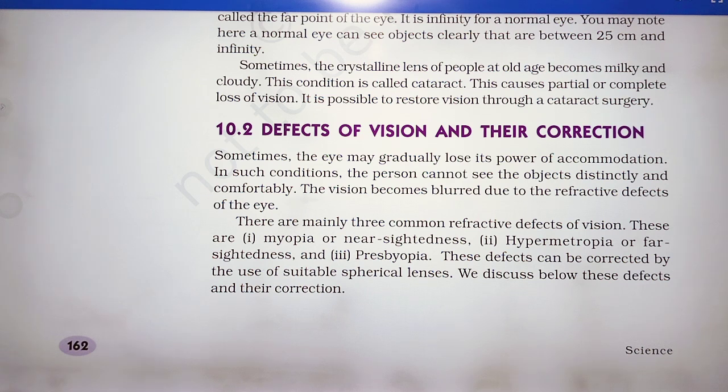For myopia we use a concave lens, for hypermetropia we use a convex lens, and for presbyopia we use a bifocal lens, which has both convex and concave parts. We will discuss the defects of vision in the next video.